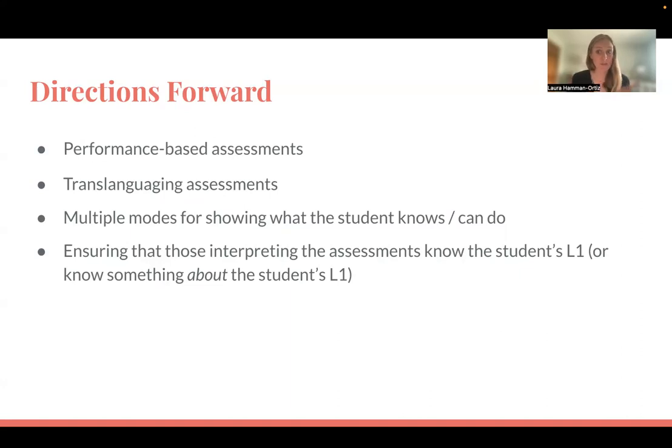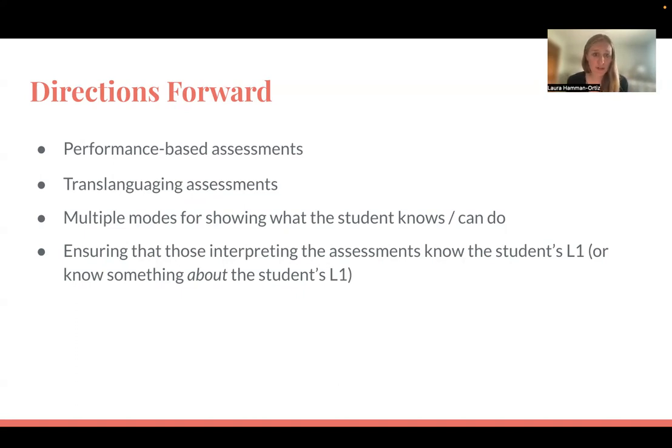It might involve them being able to read something in English, but talk about it in Spanish, or vice versa, read a text in Spanish and talk about it in English. So different ways that we're providing students with opportunities to leverage everything they know. Multiple modes for showing what they can do. So instead of just having it be an essay, are there other ways the student could show me what they understand from this text, what they can do if we're looking at a specific skill?